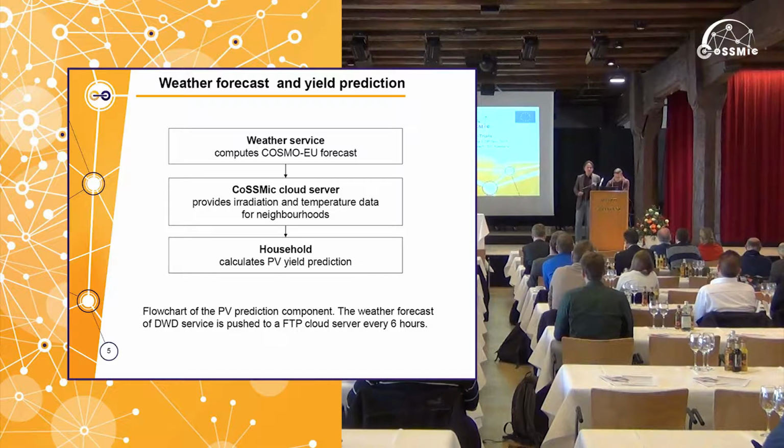Now the next transparency is dealing with weather data. We get it from the Deutscher Wetterdienst, and we get it every 6 hours, which is pushed to an FTP server.